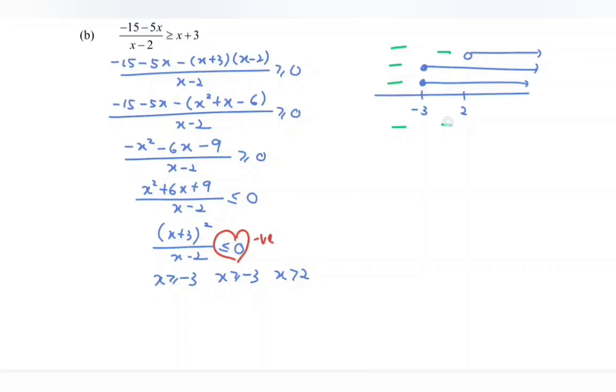So negative, positive. So negative, negative, and then positive. So based on this part, we are preferring the negative. So from here, as a solution set, x such that x is less than 2. As an interval, negative infinity until 2, where 2 is not included.